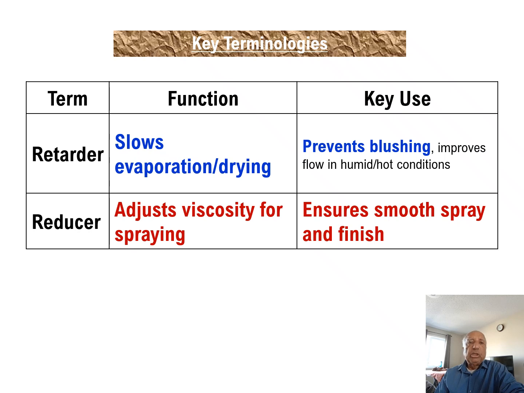Summary of the key terminologies is: retarder function is slow evaporation or drying, and its key use is to prevent blushing and improve flow in humid conditions. Whereas reducer function is to adjust viscosity for spraying, and its key use is to ensure smooth spray and finish.